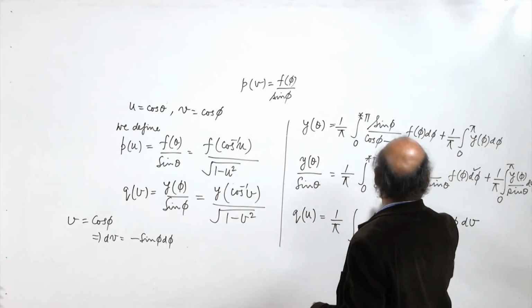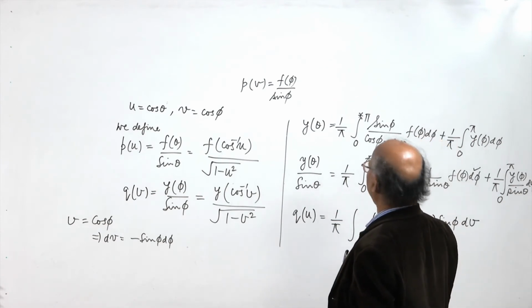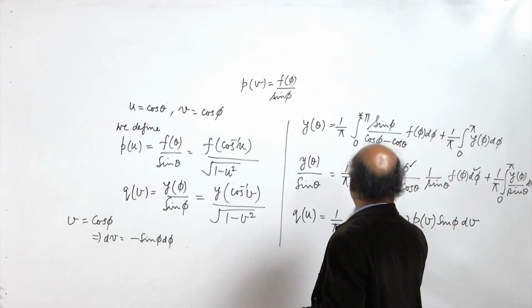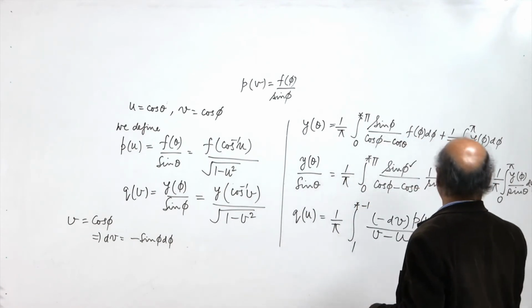The limits of integration will be, since cos phi is equal to b, 1 to minus 1.